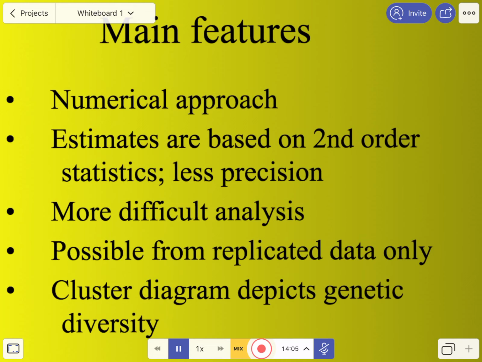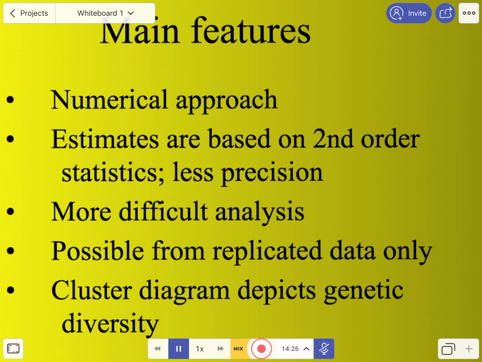It has been observed that in many crops genetic diversity arises due to geographical separation or sometimes due to barriers of crossability. So it plays a very important role in genetic diversity analysis.